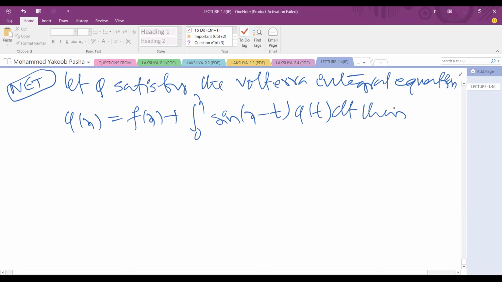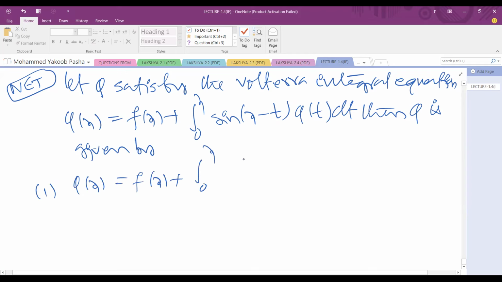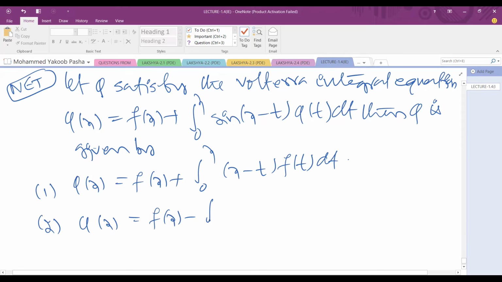Then pi is given by, we have options here. First option, pi of x is equal to f of x plus integral 0 to x minus t into f of t into dt. Second option, pi of x is equal to f of x minus integral 0 to x minus t into f of t dt.